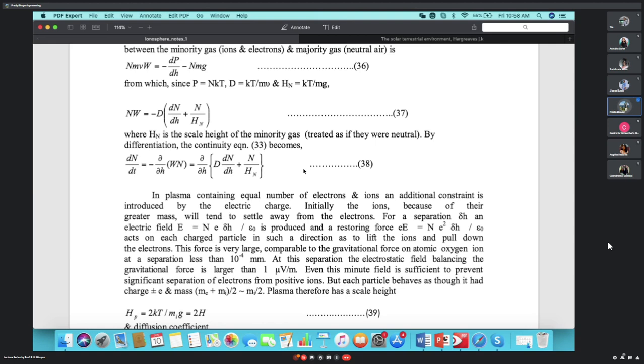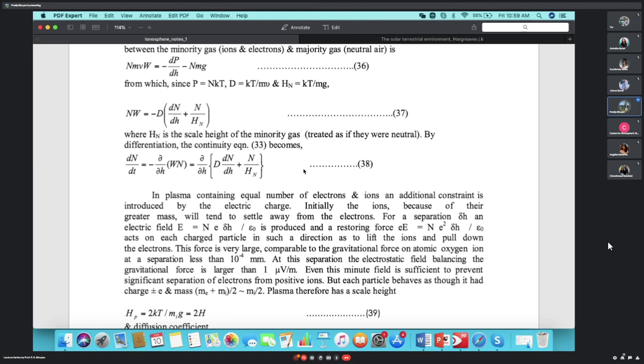But within the plasma, you have this minority gas, where you have a non-uniform distribution of the mass. The positive charges will always have a very high mass compared to the electron. If we consider O+ or NO+, those charged ions will definitely be heavier compared to the electrons. So because of gravity, they will try to settle downward.